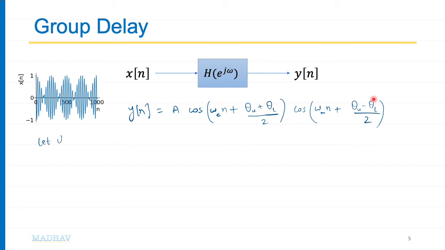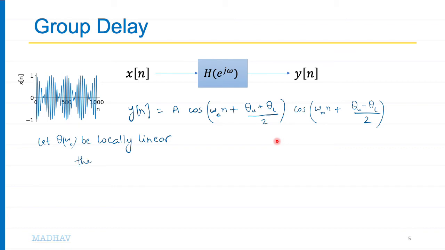So let us assume that my theta of omega c is locally linear. It means my omega m is very close, and we can assume that in that small neighborhood my theta is linear.